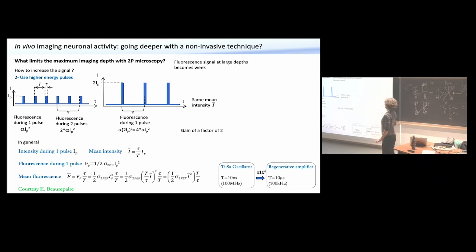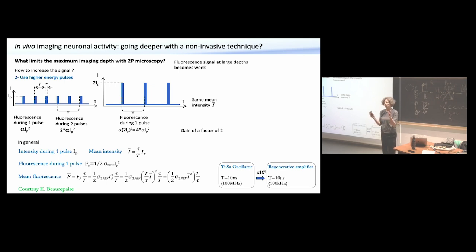Yeah, so then you will still be limited by the total intensity that you put, and if you keep increasing the intensity of the pulses, you will also create nonlinear damage in the sample.